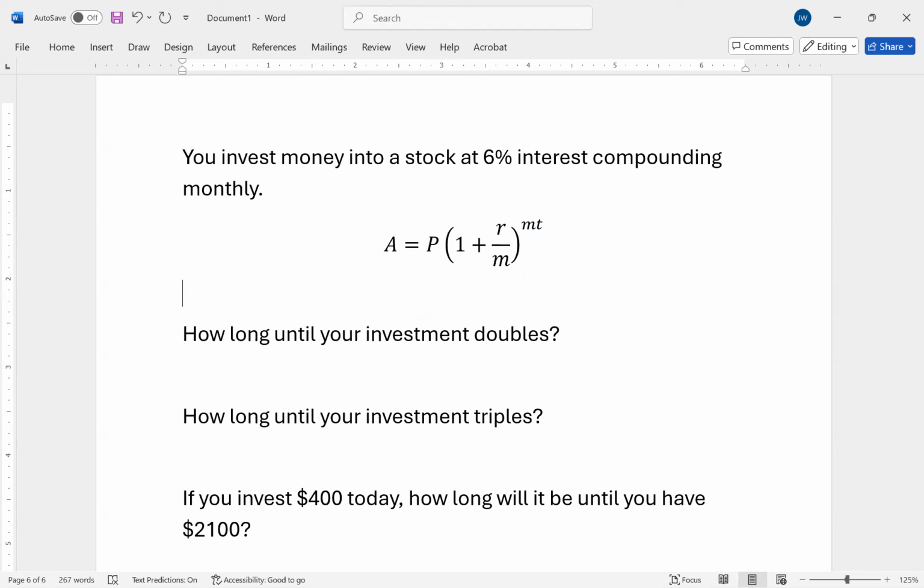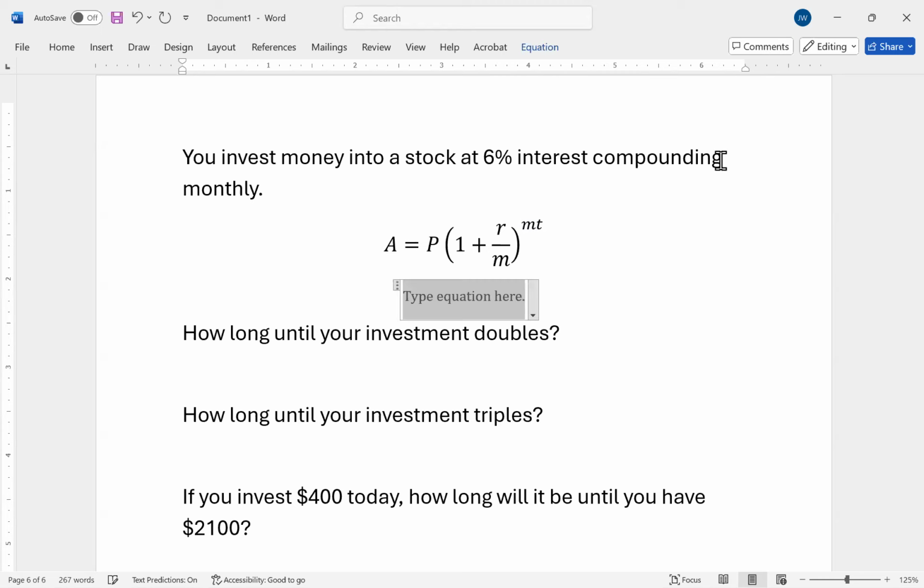And in this case, since we're compounding monthly, my M is going to be 12. Since we're at 6% interest, my R is going to be 0.06. Now, I don't know what my P is. It doesn't tell me what the initial investment is at the beginning here.